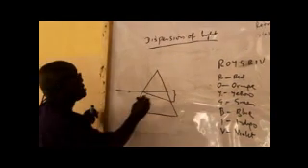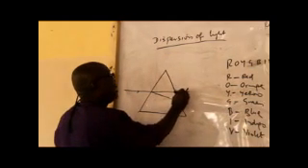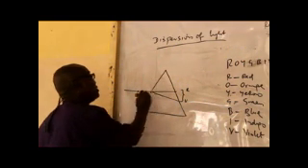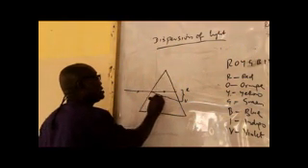So when you have it like this, you can get it from R to V. Look at the colors of white light.